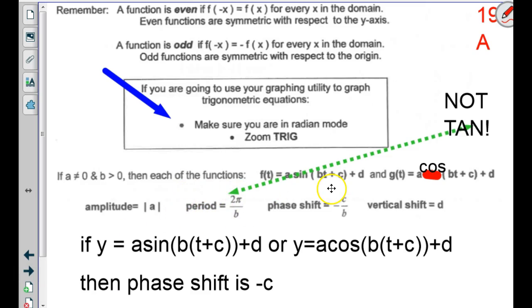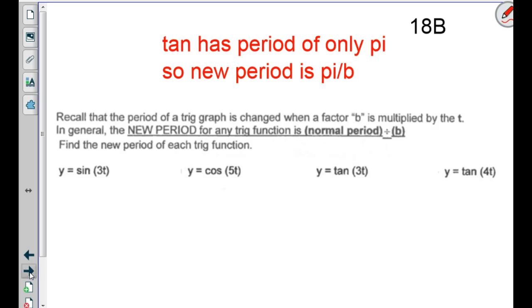So this business is not true. We just talked about this, but that doesn't work for tangent, right? It only works for sine and cosine. All that changes for tangent is it's just 1 pi over 2. So do you have this at the top of 18b maybe? Can you find 18b? Okay, it says recall the period of a trig function is changed by factor b when it's multiplied inside. The new period is the normal period divided by b.